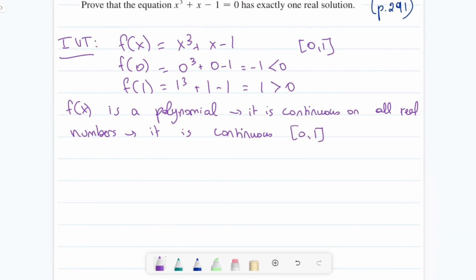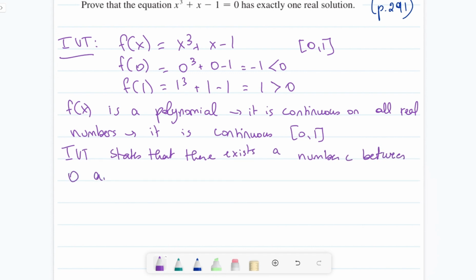Now, let's continue. So the IVT states that there exists a number c between 0 and 1 such that f of c equals 0.